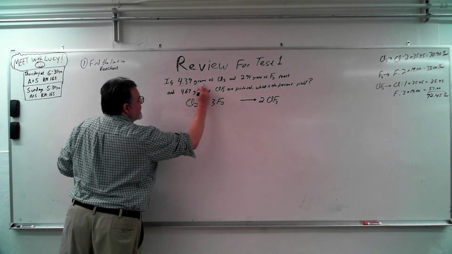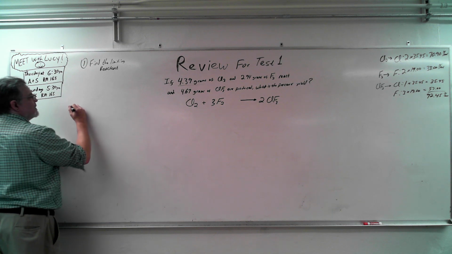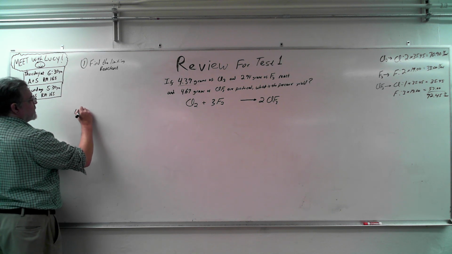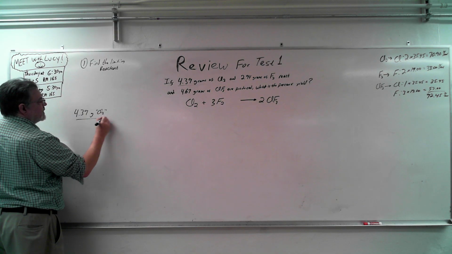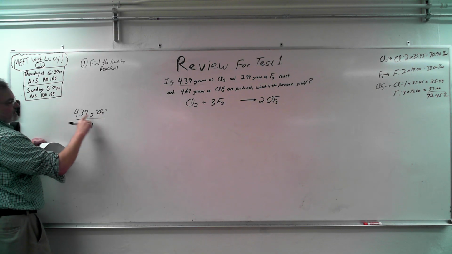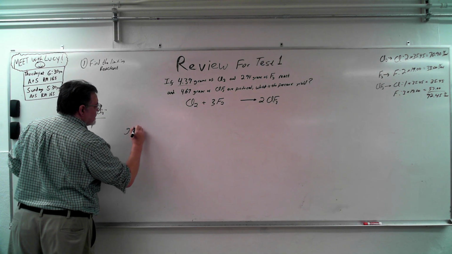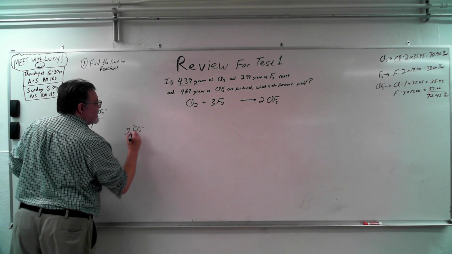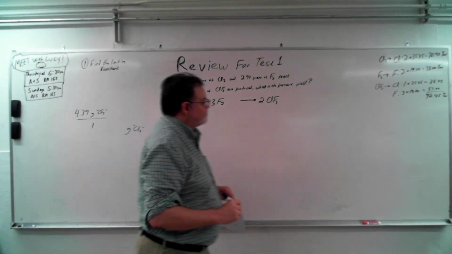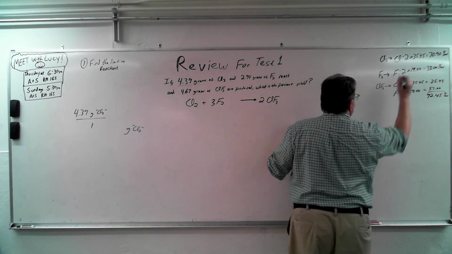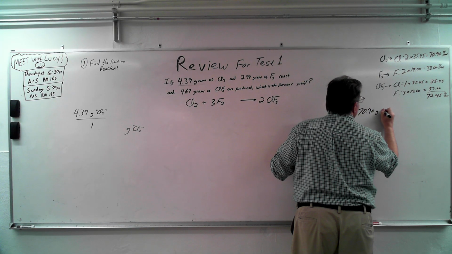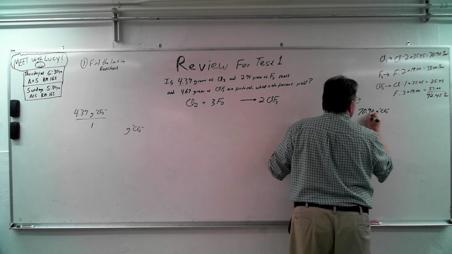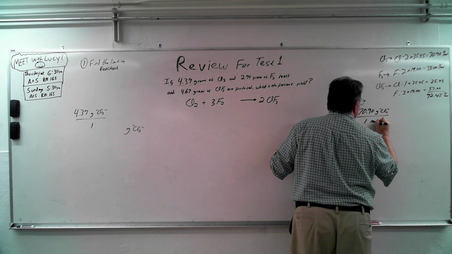So you'll take the grams of that, 4.5 0.39 grams of Cl2. Just do that. That tells you grams of Cl2 down here. The Cl2 is 70.90 grams. More formally, is 1 mole.